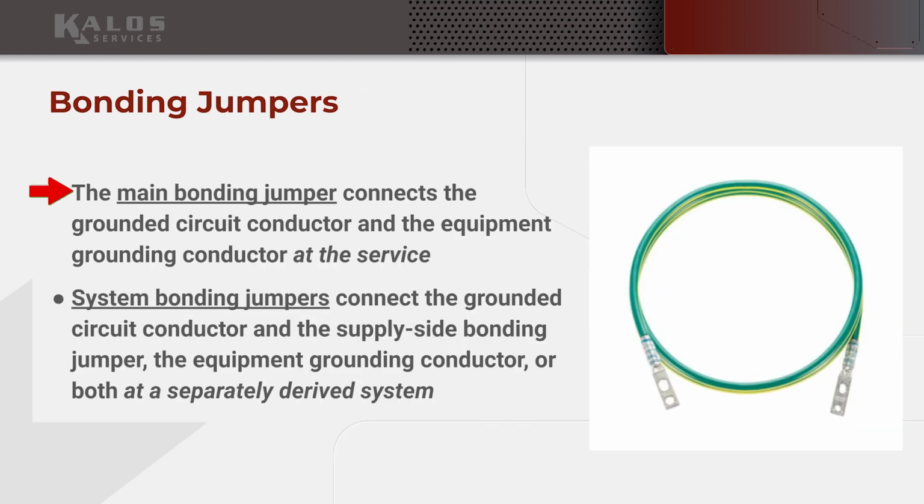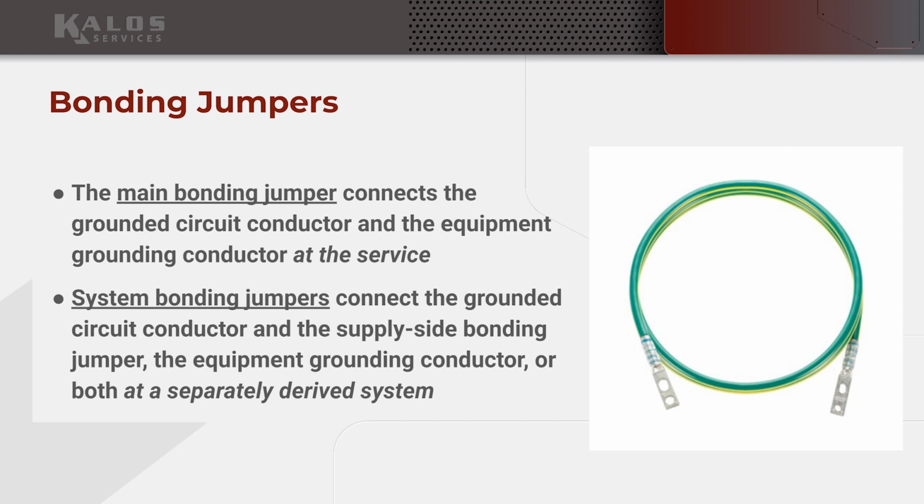Main bonding jumper connects the grounded circuit conductor and the equipment grounding. When you're reading through the National Electrical Code, you've got grounded conductors, grounding conductors, main bonding jumpers, system bonding jumpers. There are all these different names for these conductors that we never really use out in the field, but are relevant when you're reading through your code book, because context matters.